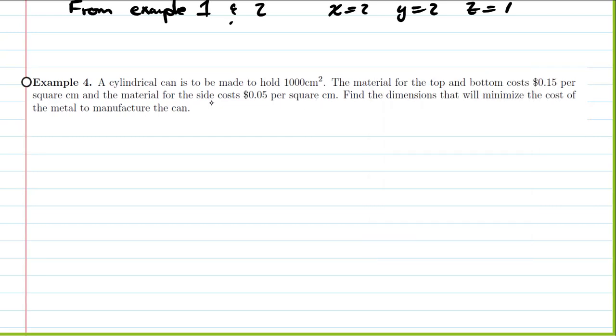The materials for the top and the bottom cost 15 cents per square centimeter, and the cost for the sides is 5 cents per square centimeter. Find the dimensions that will minimize the cost of the metal to manufacture this can.